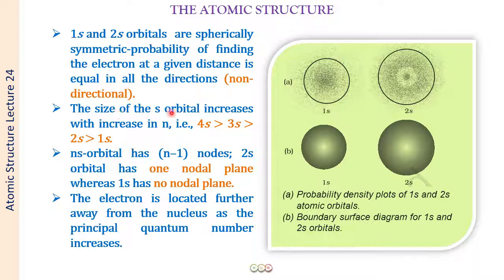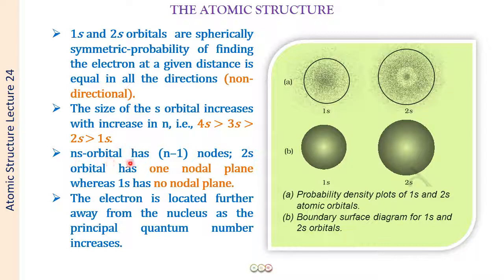The size of the s orbitals increases with the increase in n. You can see that the 1s orbital is smaller in size than the 2s orbital. That means the size for 4s is going to be more than 3s, more than 2s, and least is going to be 1s. And then what about the nodes? We have a general formula for the nodes.